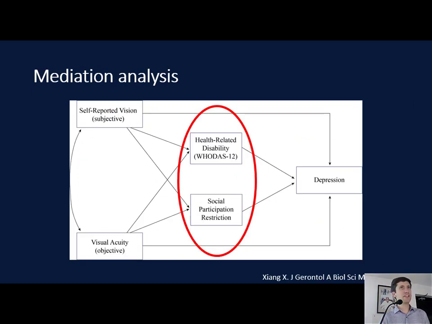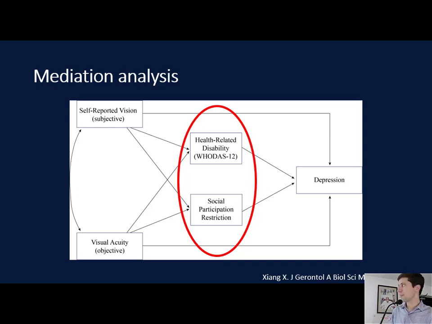We can also do mediation analysis. This goes back to that diagram that we looked at before, where we were talking about the value of drawing lines between our variables and thinking about the relationships that might exist. We wanted to get more into why there is a relationship between vision impairment and depression, not just that there is one.